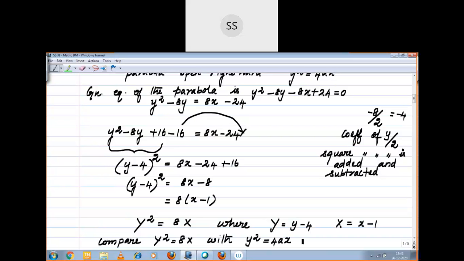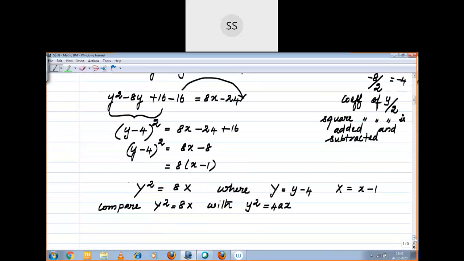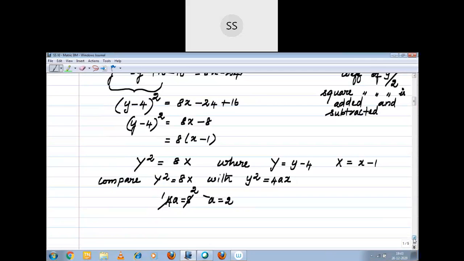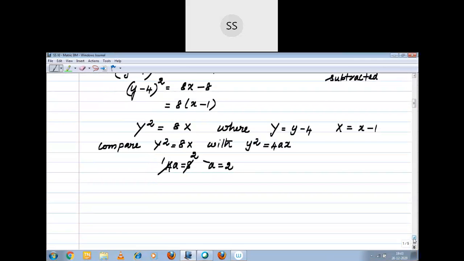I said y square equal to 4ax. Parabola open rightward. A parabola, it passes through the origin. Right? Now, 4a equal to 8. A equal to 2. 4 ones are 4, 4 twos are 8. A equal to 2. Now, what are the things they asked in the question?